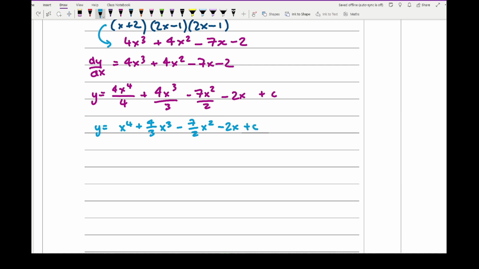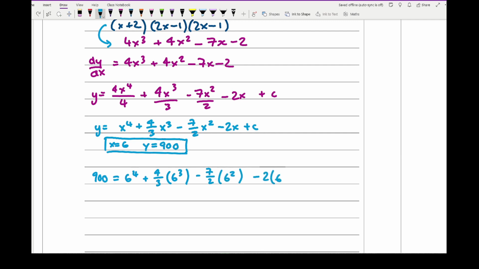Now from this we need to use our values of y and x that were given in the question, so we know that when x equals 6, y equals 900. If we substitute those in, we get 900 equals 6 to the power of 4 plus 4/3 times 6 cubed minus 7 over 2 times 6 squared minus 2 lots of 6 plus c.